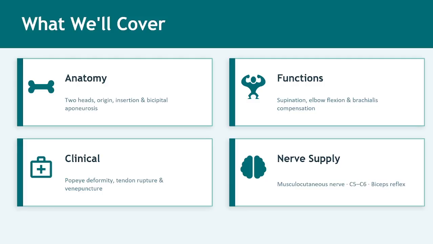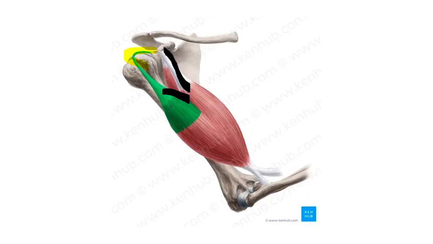Now, another question is, since it is attached to the radial tuberosity, what sort of action does it do? When you pull the tendon or the insertion towards the origin, the tendon crosses the elbow joint. So the elbow flexes. That is the normal action of the bicep tendon.